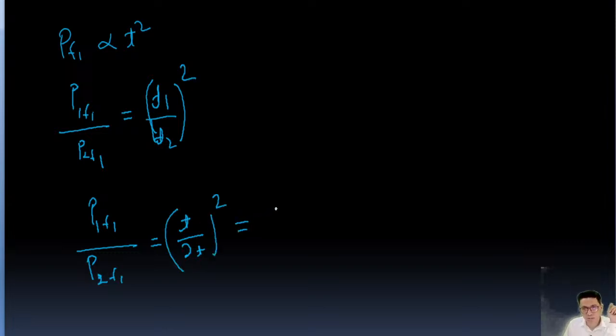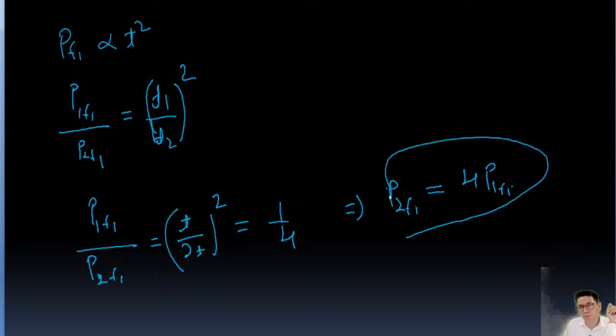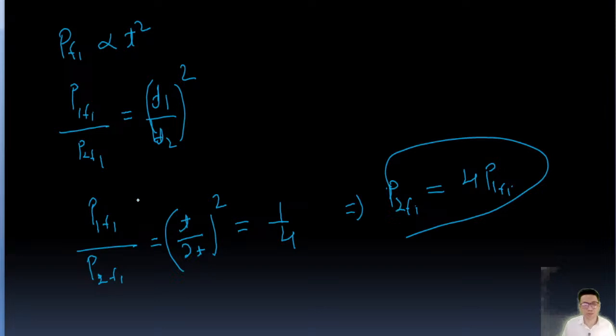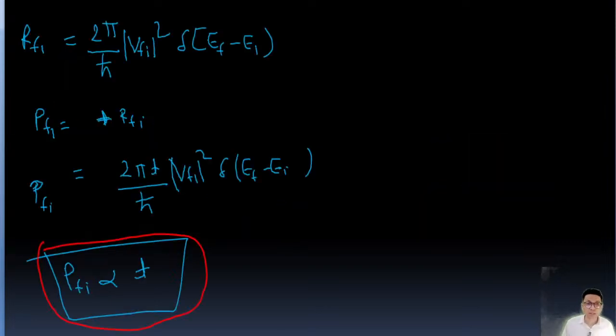So it means 1 by 4, which implies P2 Fi, the transition probability, is going to be 4 times P1 Fi, right? So which option is matching? That is quadrupled, right? 4 times it will be. If we double the time, then the transition probability is going to be quadrupled. Very easy question, right? We have easily solved it.